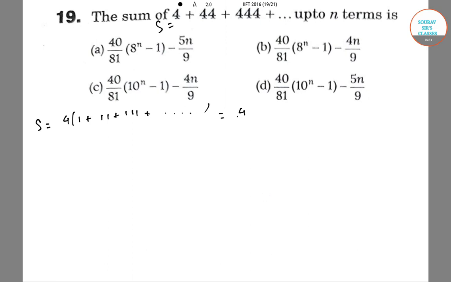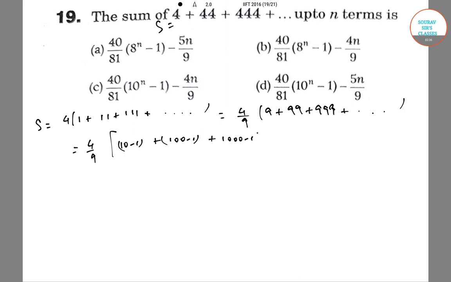So this is 4 by 9, 9 plus 99 plus 999, and this goes on. So this is 4 by 9, 10 minus 1 plus 100 minus 1 plus 1000 minus 1, and this goes on.